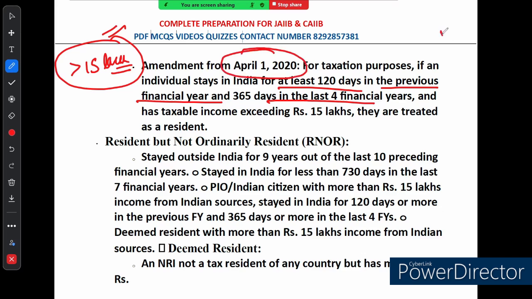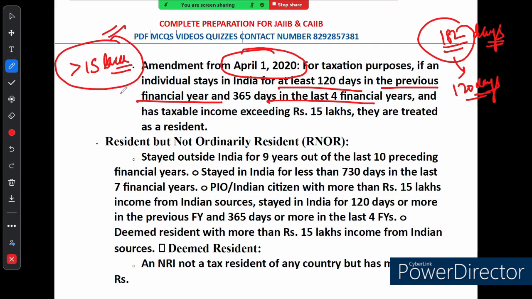Earlier it was 182 days, as we discussed just now, that if you had stayed in India for at least 182 days in the preceding financial year, you would be considered resident. But the days have been reduced from 182 days to 120 days. The condition is that your taxable income exceeds 15 lakh and you have stayed in India for 120 days.